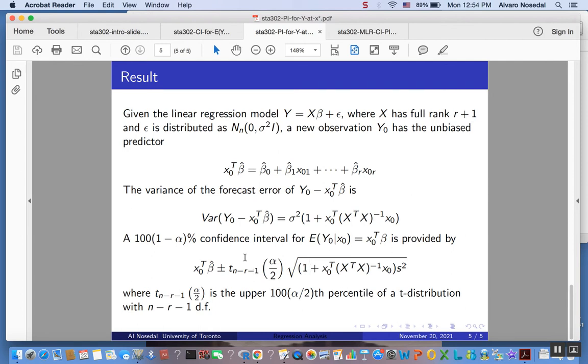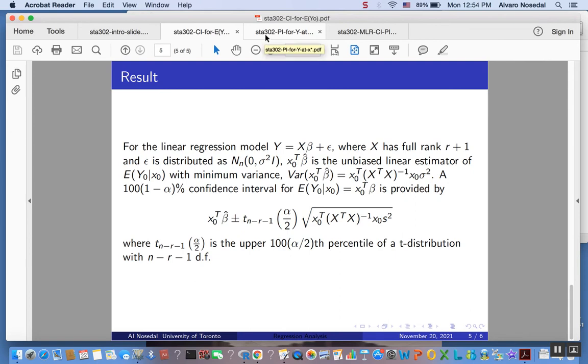The critical value is not going to change if we don't change the confidence that we are interested in. If we don't change the confidence level, then those critical values are going to be the same for confidence and prediction intervals.